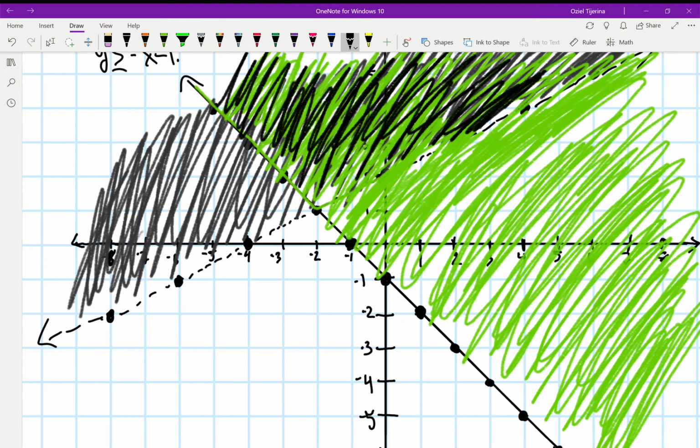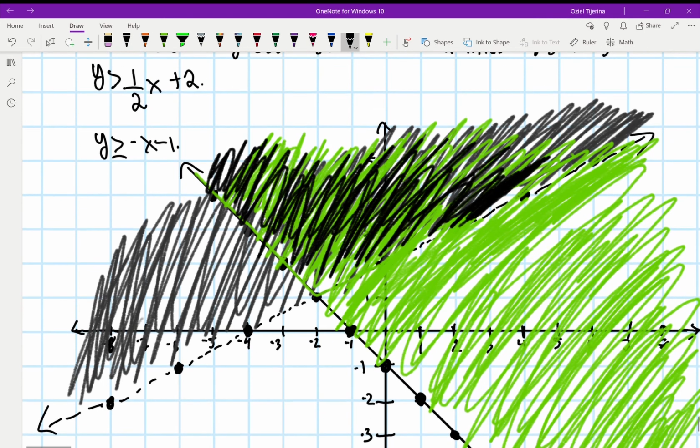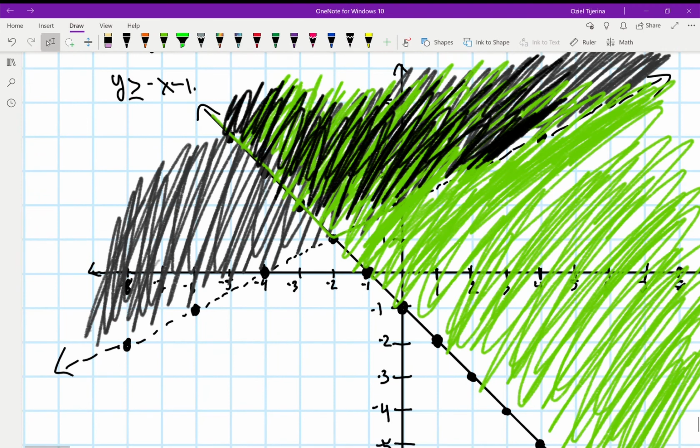Basically that's what the inequality states, that all of these are the solution. And let me just double check to make sure that's correct. Give me 1 second, guys. y is greater than 1/2 x plus 2, and then y is greater than or equal to negative x minus 1. Okay, so yeah. That means this entire area is a solution.